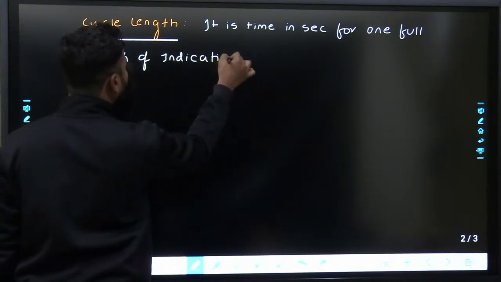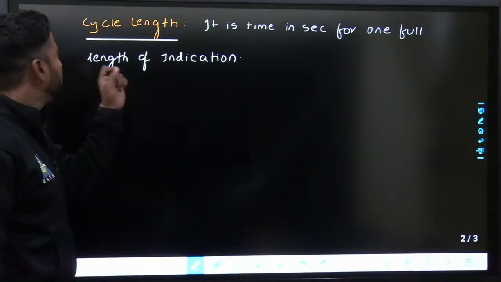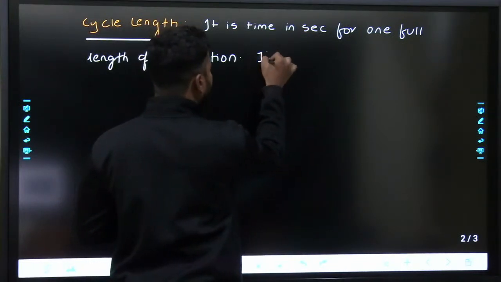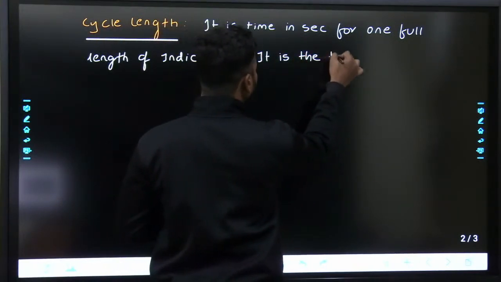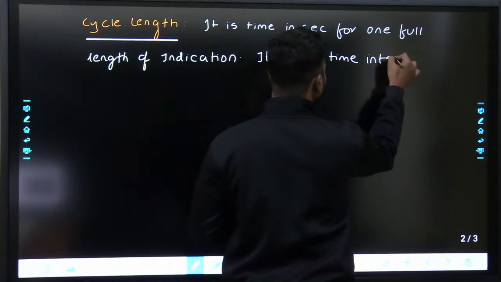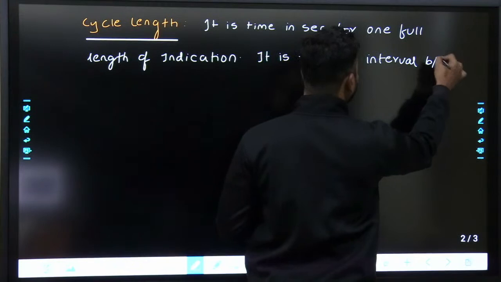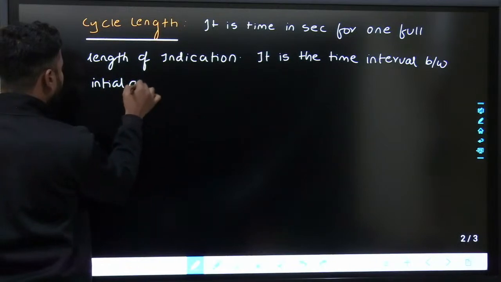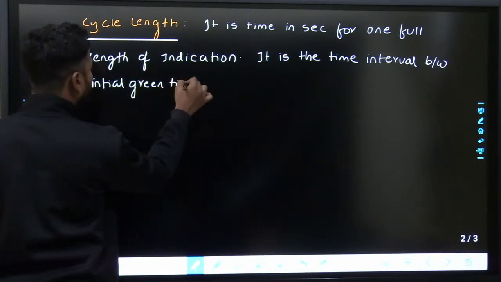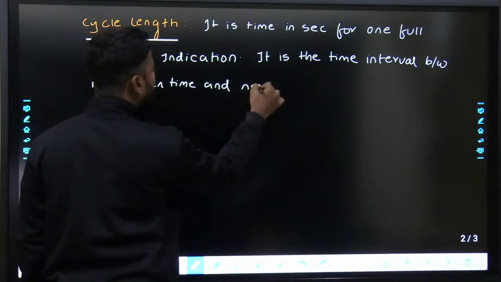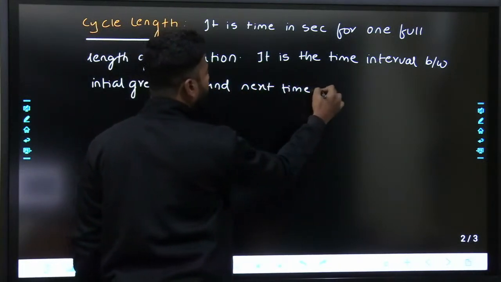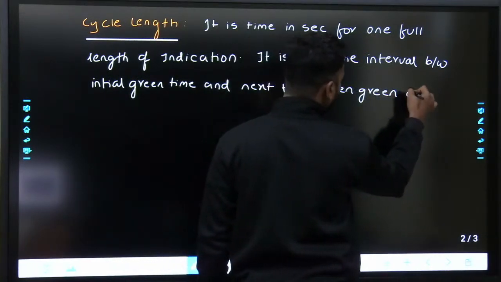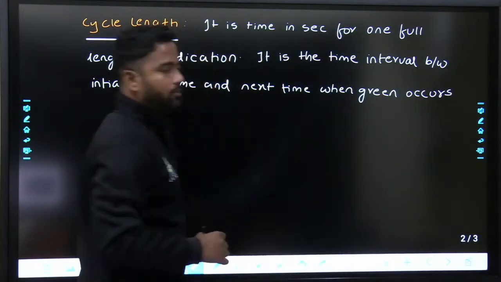Or indirectly, it is the time interval between the initial green time and the next time when green occurs.